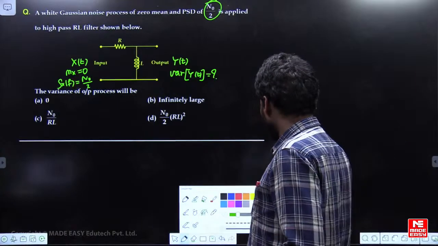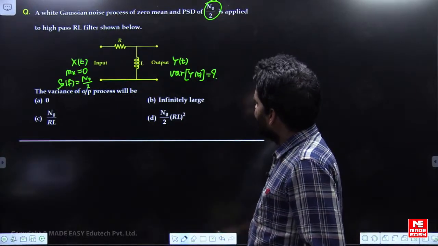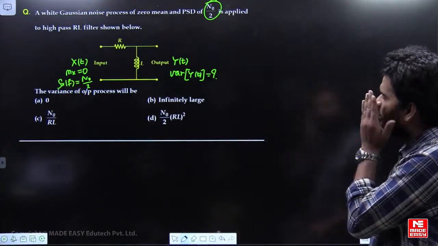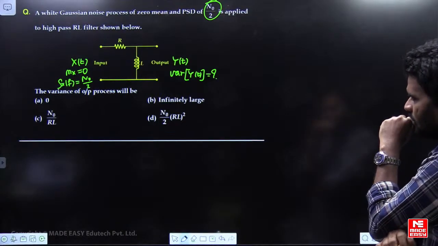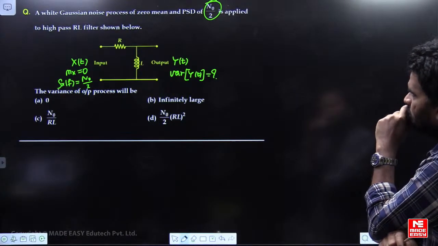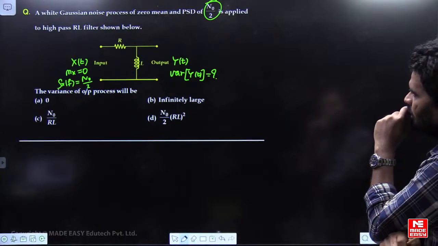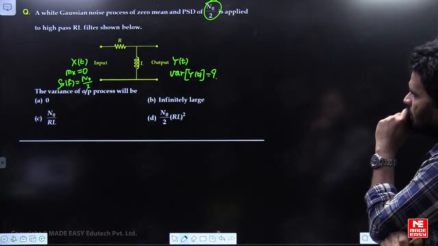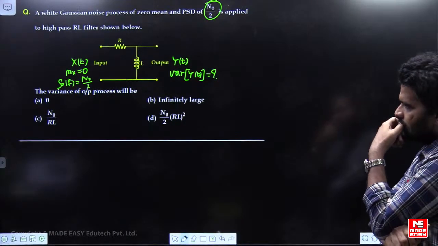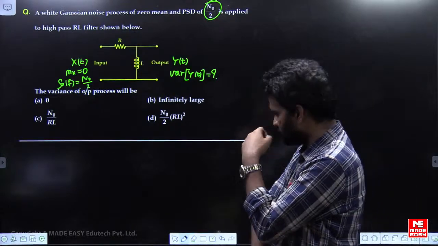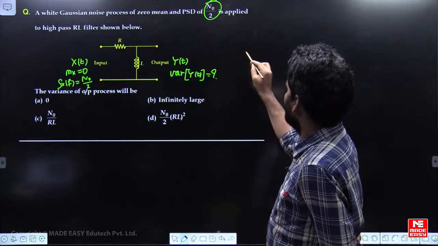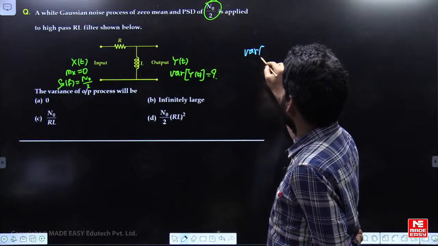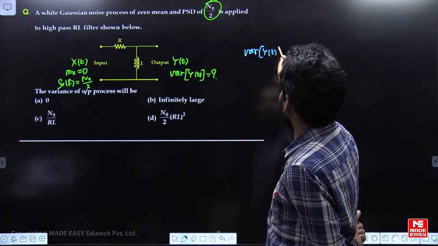Yes, this is how to find the variance of yt. Look, the input PSD is given.